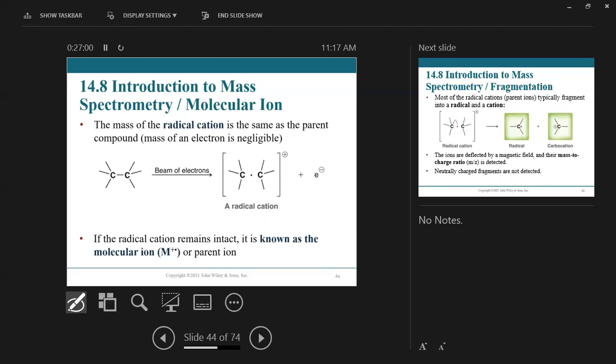The mass of the radical cation is the same as the parent compound. If the radical cation remains intact, it is known as the molecular ion or the parent ion. They more commonly now call it the molecular ion. This is the old name right here, but we've moved to now calling it the molecular ion.